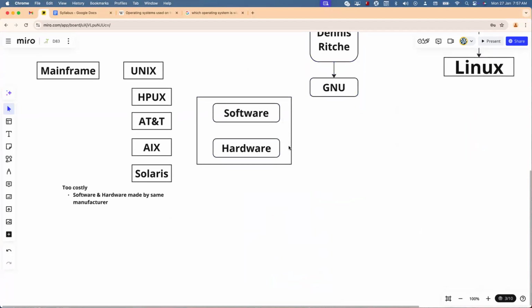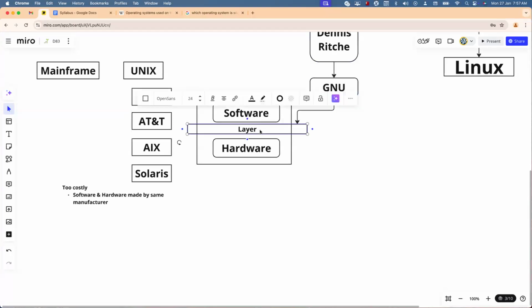These guys are working on layer development, to break that layer so that any software can run on any hardware. That is what they are working on. Ultimately, they couldn't succeed, by the way, and they're still going on.